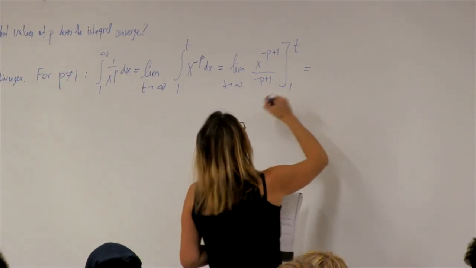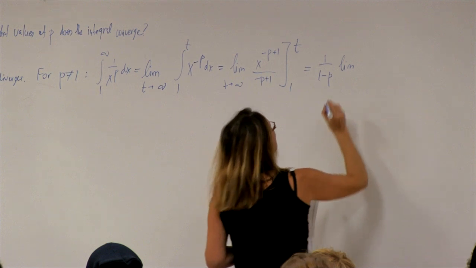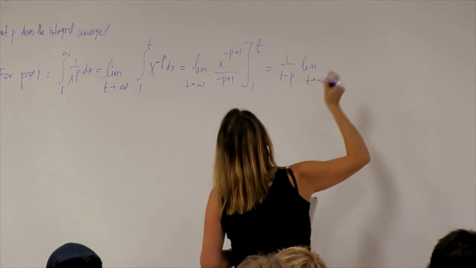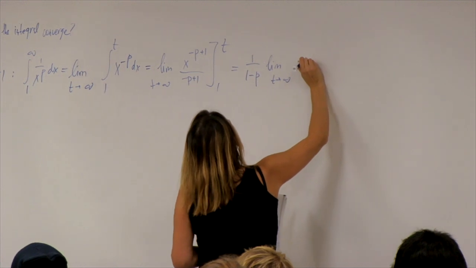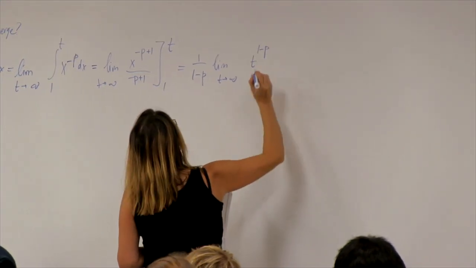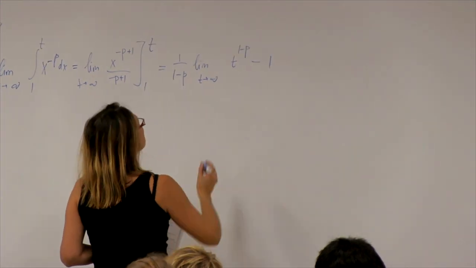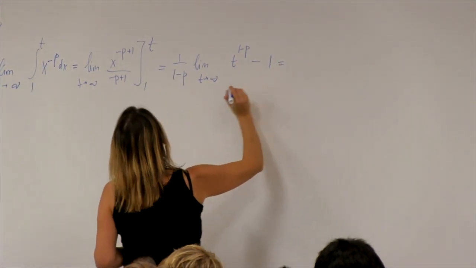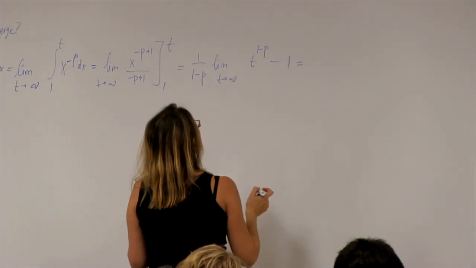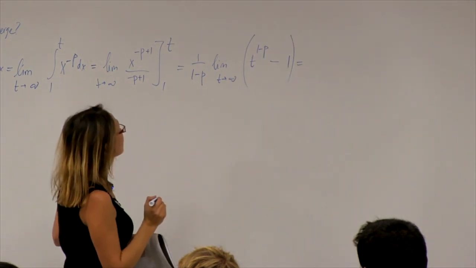Fine. So I continue to write 1 minus p. This is just the number. The limit as t goes to infinity of t to the 1 minus p minus 1. So when is this finite?